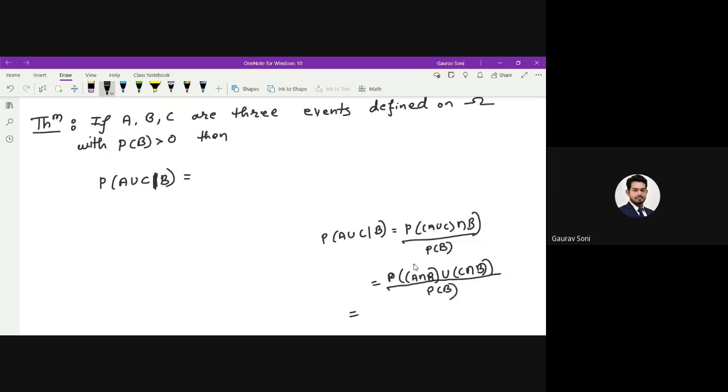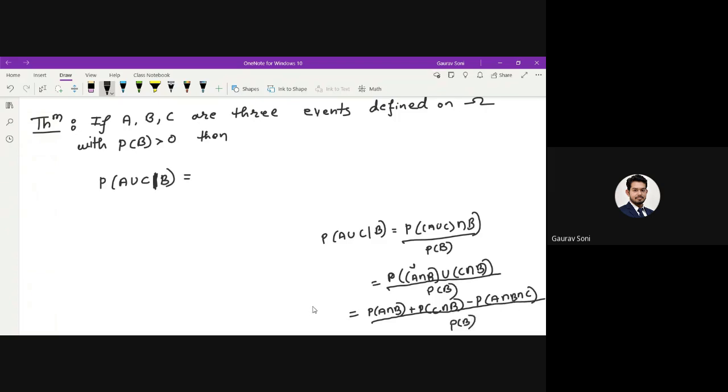Now this is first set union second set, so that will be probability of A intersection B plus probability of C intersection B minus probability of A intersection B intersection C, divided by probability of B.